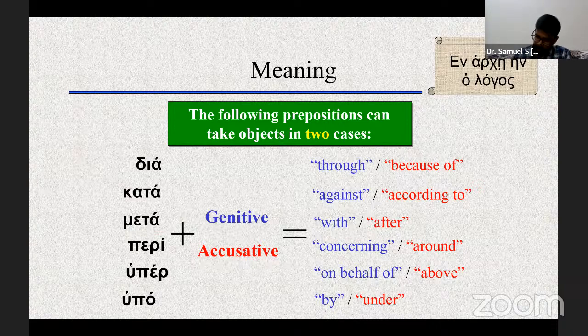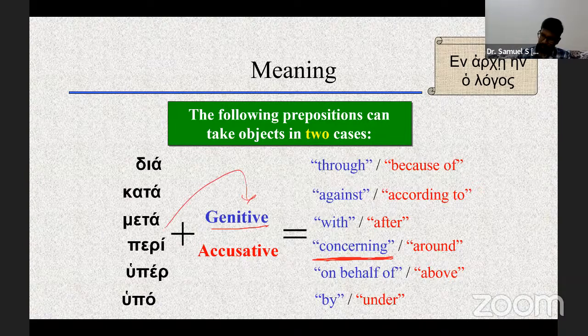Peri plus the genitive is concerning. We see this in 1 John chapter 1. Concerning the things that we have heard, the things that we have seen and touched, right? Peri plus genitive is concerning.